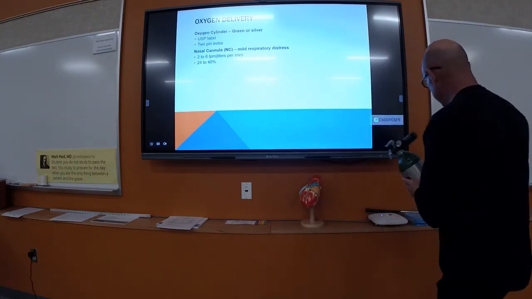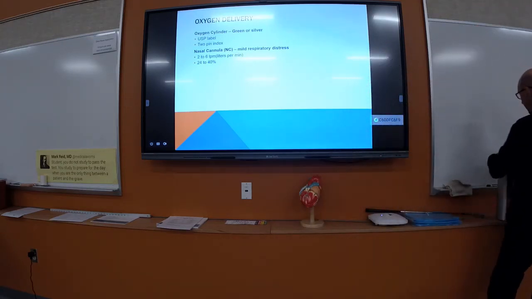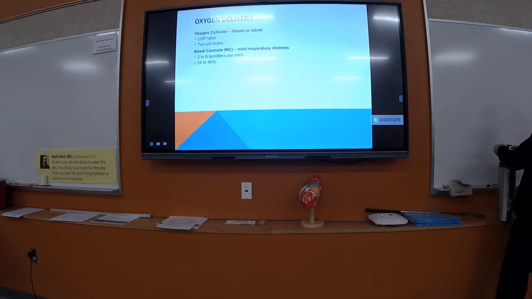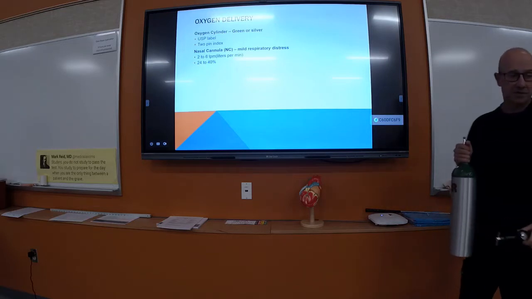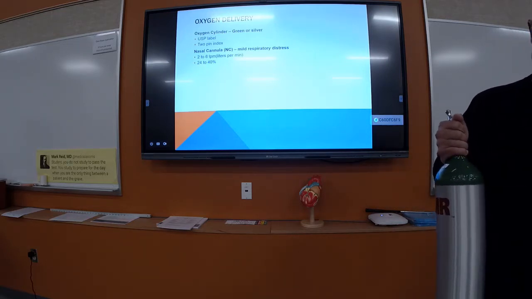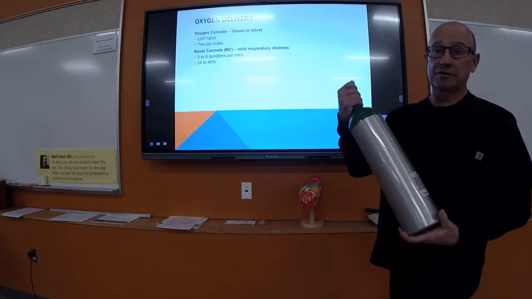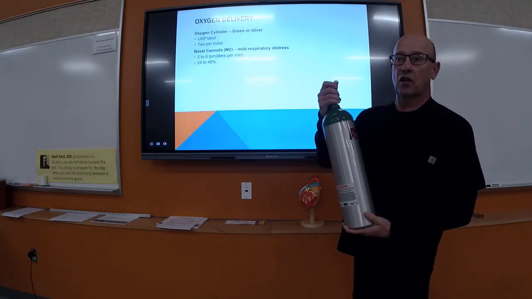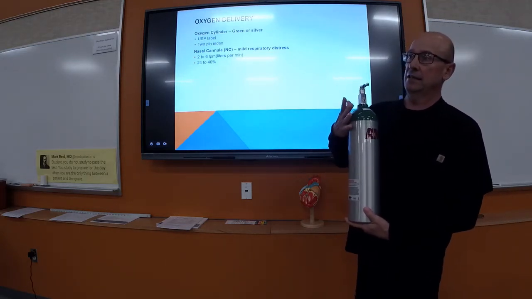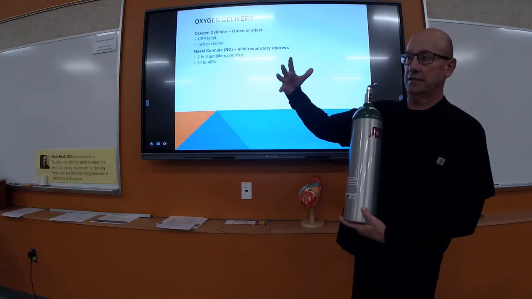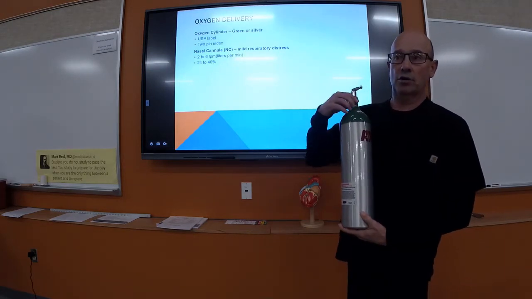And then the last thing is the 2-pin index system on the oxygen cylinder. This particular oxygen cylinder is a D cylinder, one that's portable. You have the long skinny ones, which are E, and the big H cylinders that are usually stuck behind the wall or something.